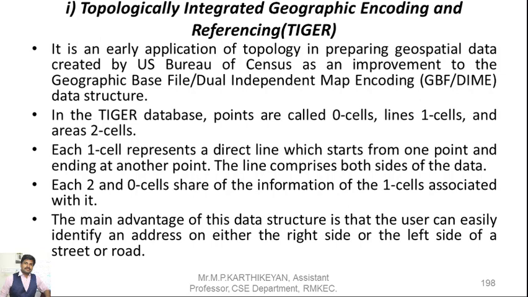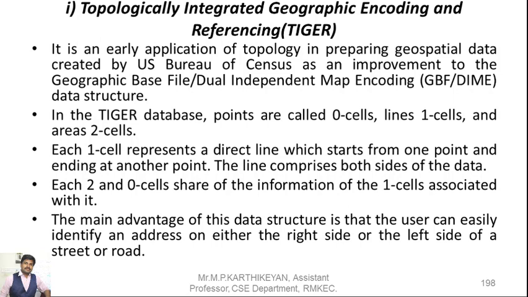It is one of the earliest applications in topology, and these were initially created before the polygon structures, similar to a spaghetti data model. But in this Tiger database, the points are called 0 cells and the lines are called 1 cells.